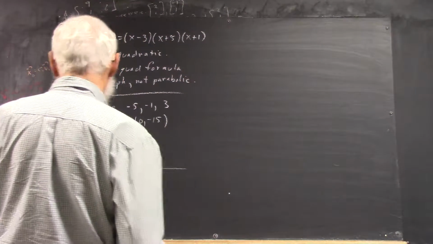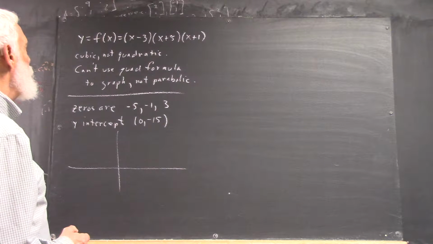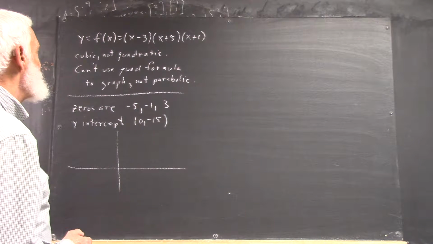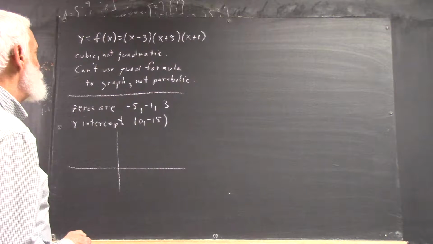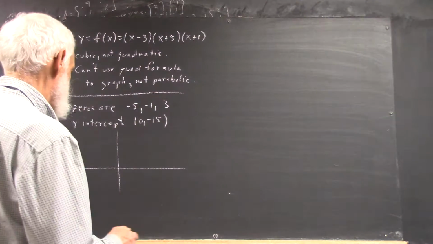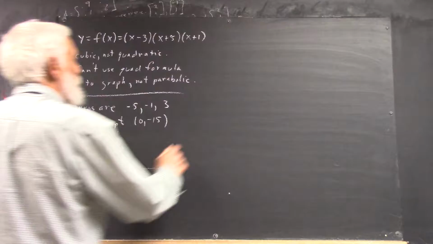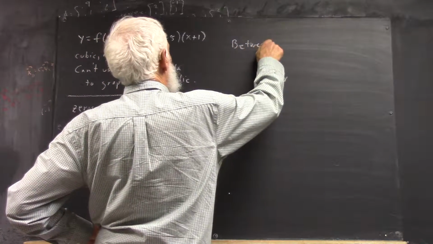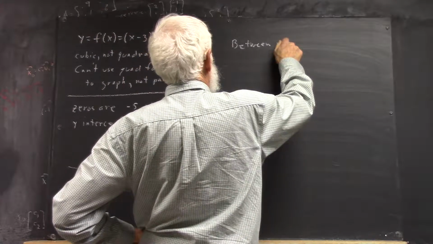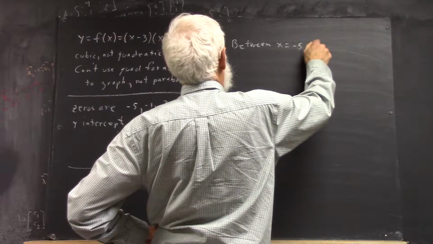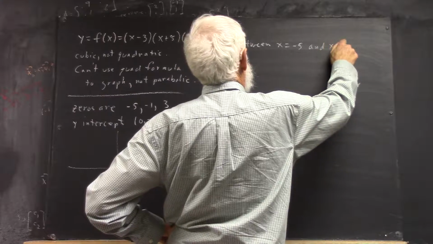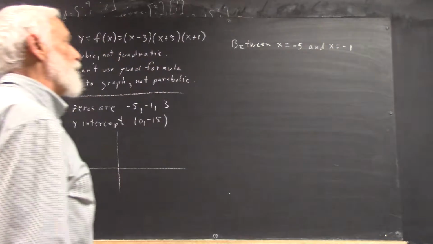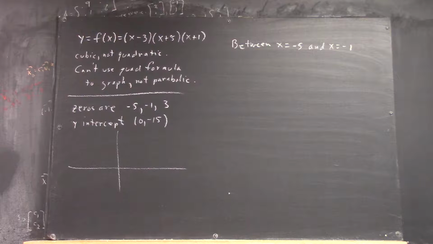So between x equals -5 and x equals -1, is this thing going to be positive or negative?